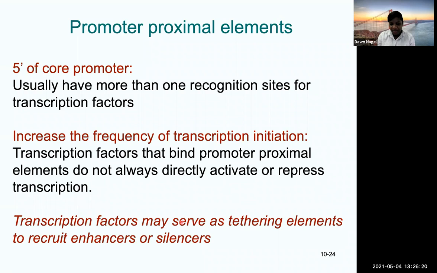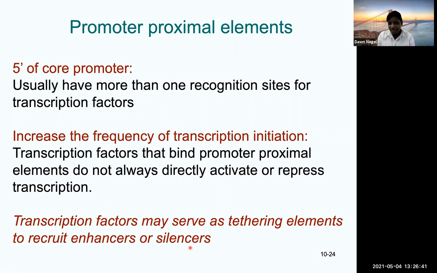They can do that because they can recruit enhancers or silencers. They themselves might not be able to directly activate, but they can recruit these enhancers or silencers from somewhere else in the genome to help with this process.